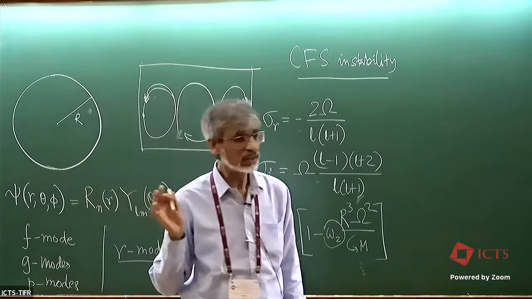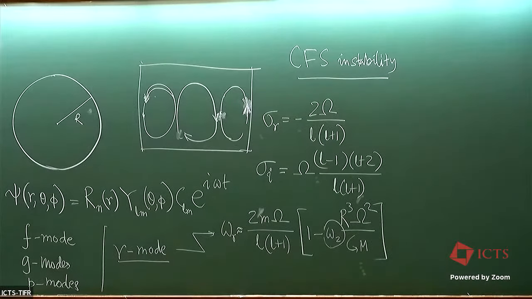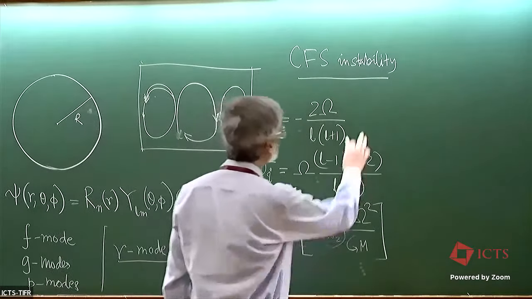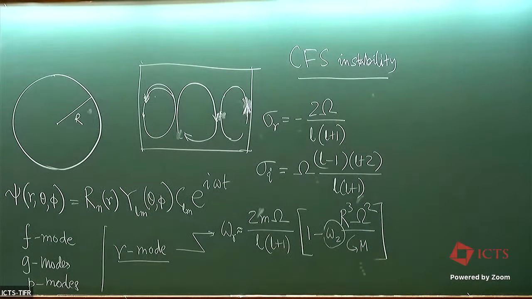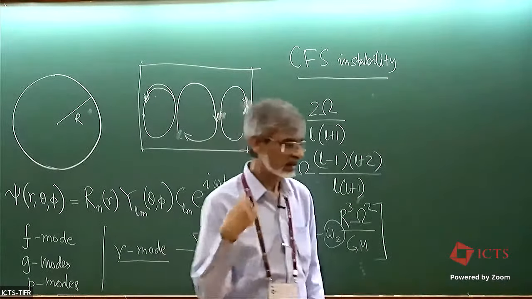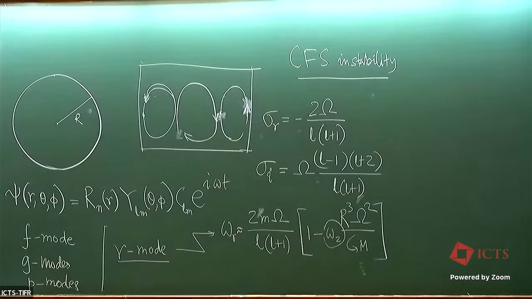So in such a situation, you will have an unstable r-mode, which, once you excite it, will continue to retain its character on the neutron star surface, and it can continue to generate gravitational waves. The CFS instability is a common phenomenon not just for r-modes, but for any other type of perturbation on the surface which is retrograde in the star's frame, but prograde in the external frame.